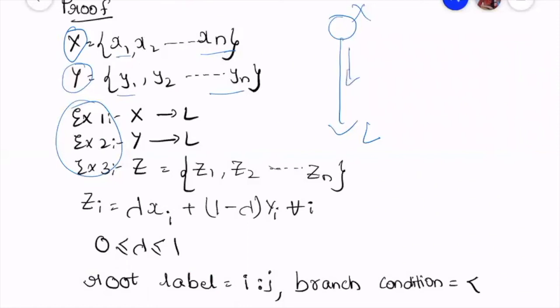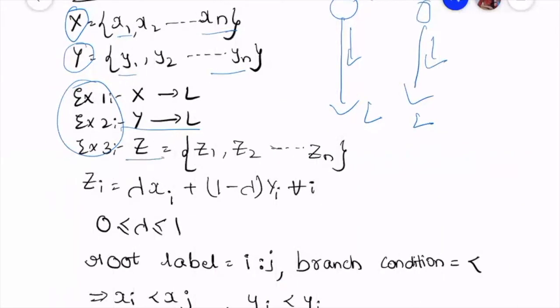In the second execution, Y will also reach the same leaf node by following the same path. In the third execution, we are taking a Z instance, which consists of z1 to zn coordinates, and the coordinates will be based on this equation. This equation is a straight line equation.